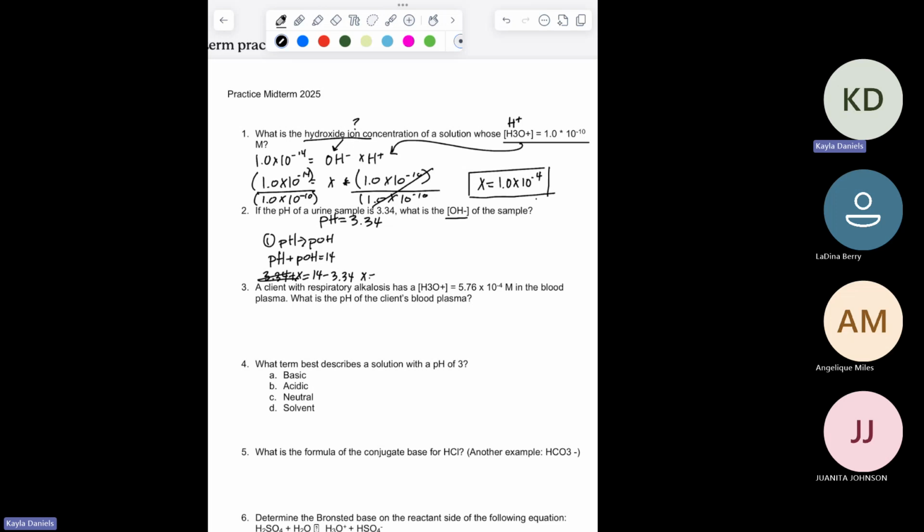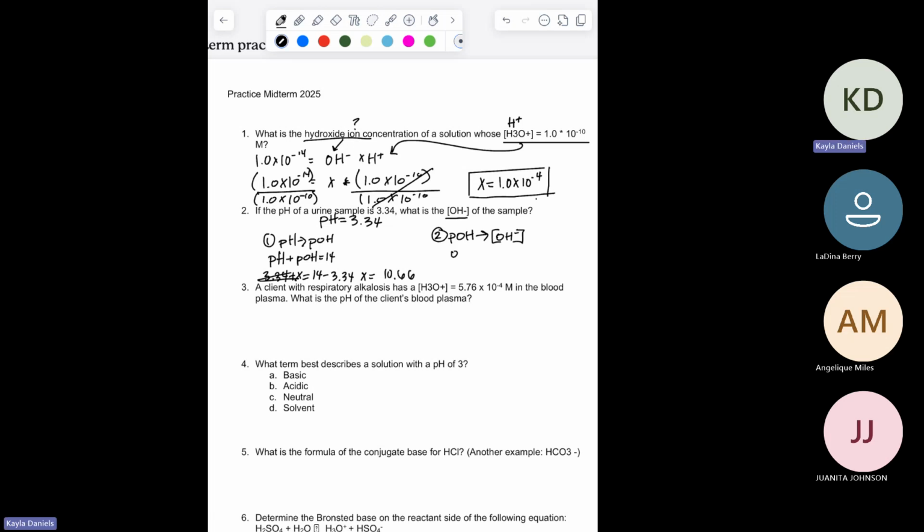And I get the POH, or X, is, I need to type this in, I don't have this pre-solved, 10.66.